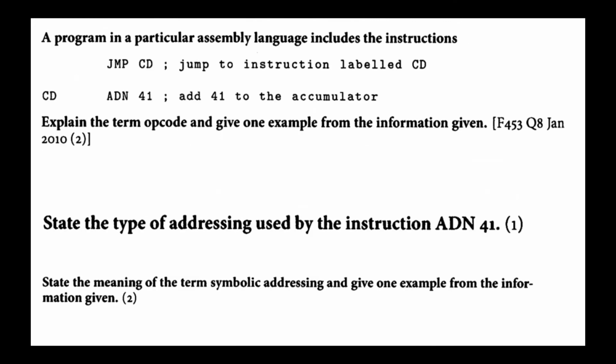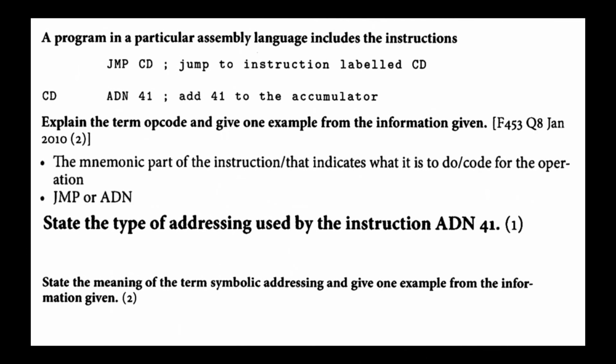A program in a particular assembly language includes the instructions jump CD, jump to instruction labeled CD, then CD ADN 41, so add 41 to the accumulator. Explain the term opcode and give one example from the information given. The opcode, oh, I've completely forgotten. Opcode, that is the jump, or you could have done the ADN.